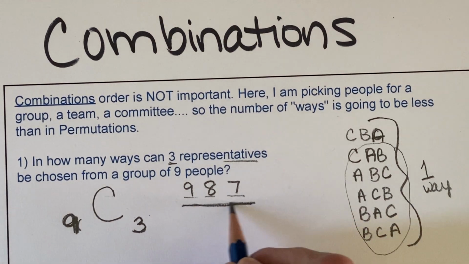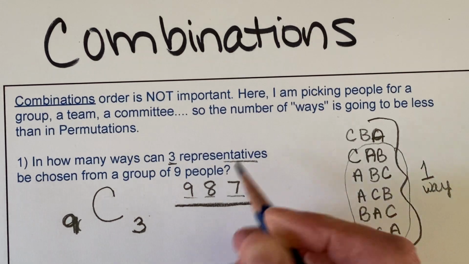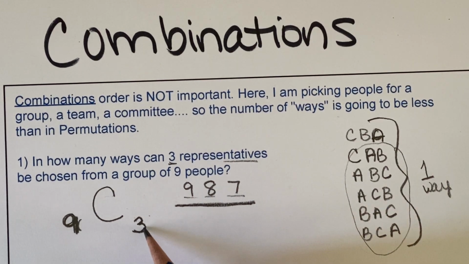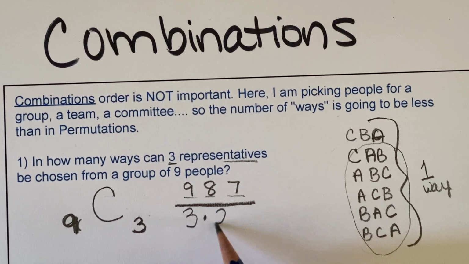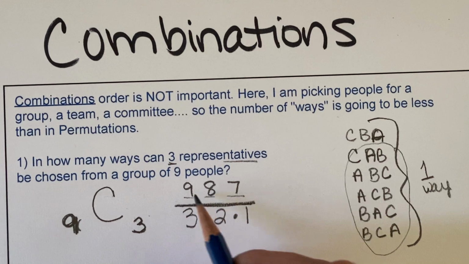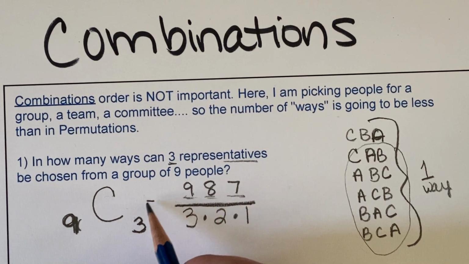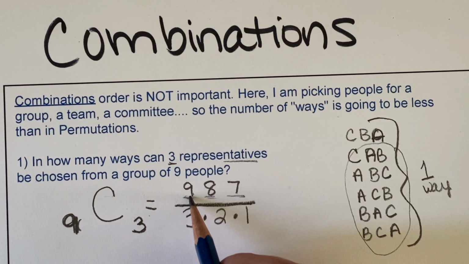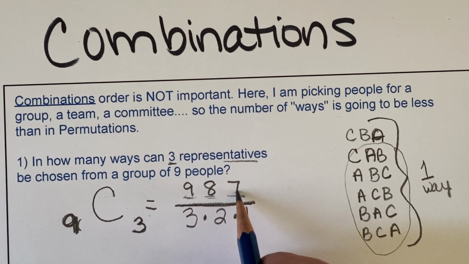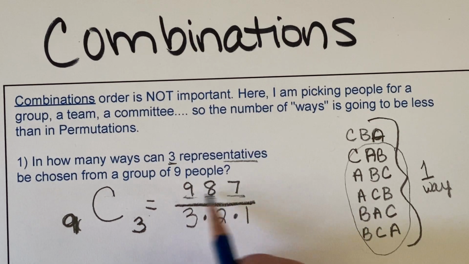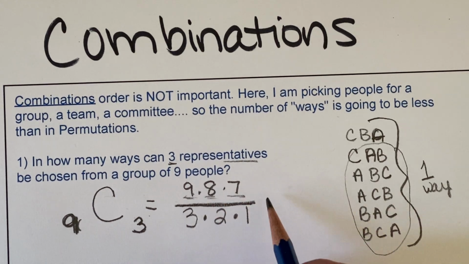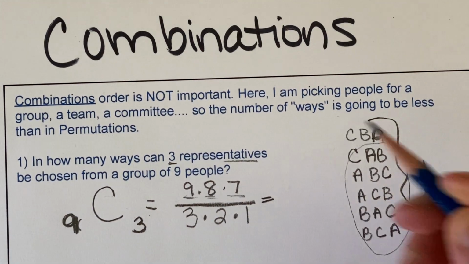I am going to subtract out or divide out my repeats by taking this number and doing factorial. Remember factorial. I'm picking 3 people. I have 9 to choose from. 9 people, I pick 1, then 8 people, I pick 1, then 7 people, I pick 1. Multiply.